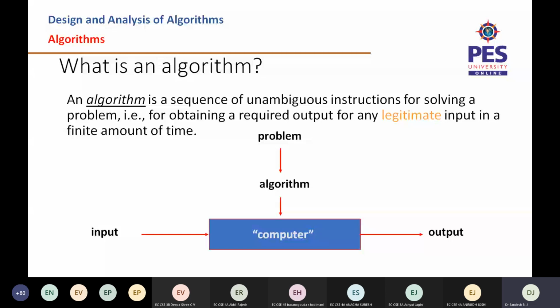So there are instructions given to solve the problem. There is somebody to understand these instructions, and given an input, following these instructions, we are able to convert it into output. Earlier, these instructions would have been taken by a human being who used to perform the calculation, given an input, and produce the output.